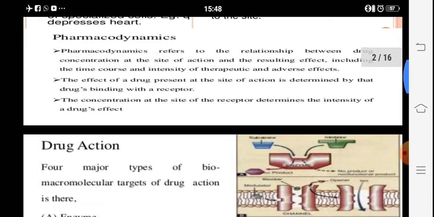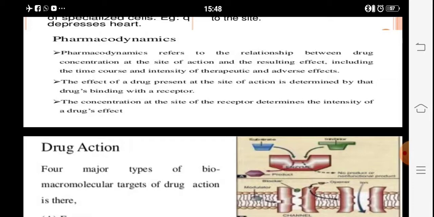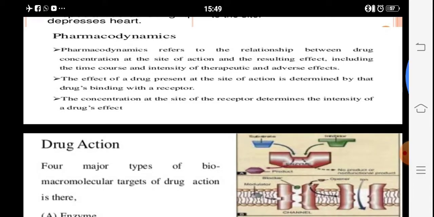And then what is pharmacodynamics? It is the relationship between the drug concentration at the site of action and the resulting effect, which includes the time course and the intensity of the therapeutic and adverse effect. Already we know the relationship between the drug and the disease, right? It shows either a positive effect or an adverse effect.